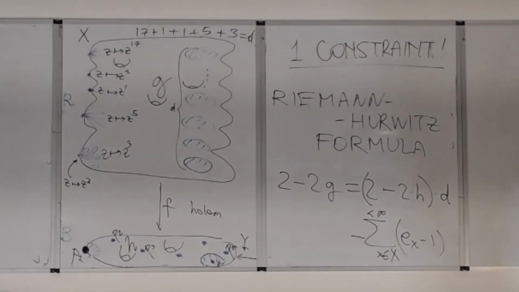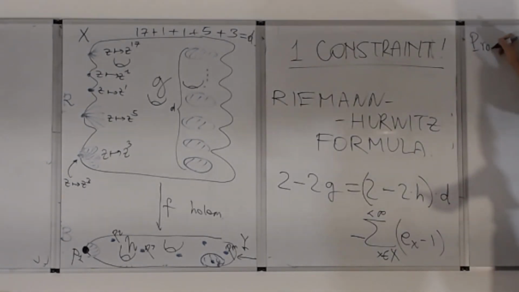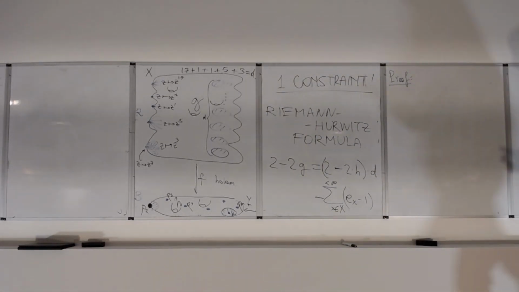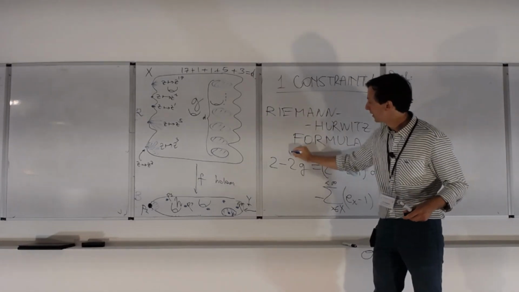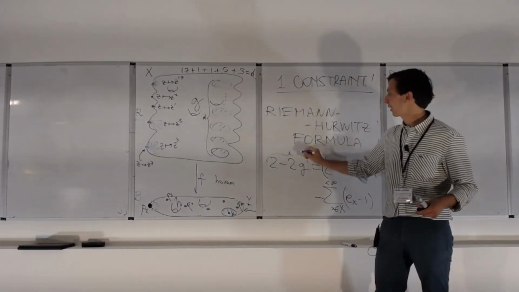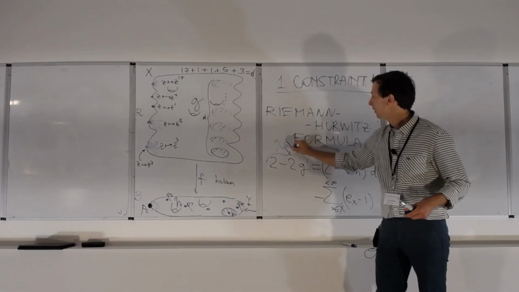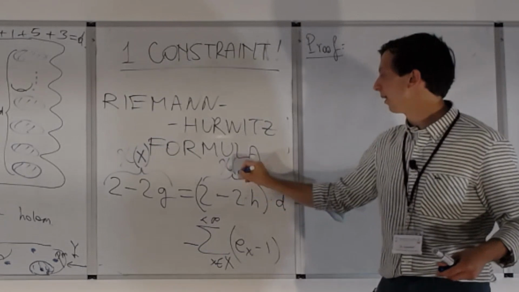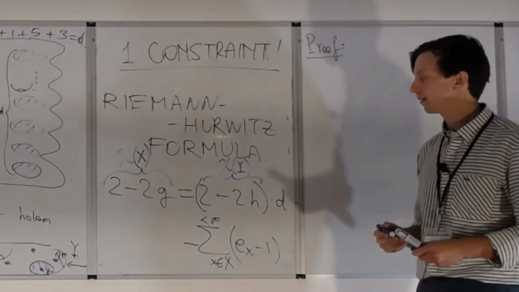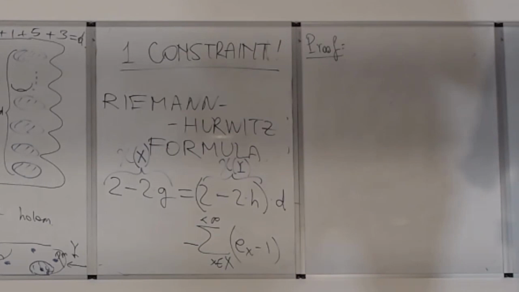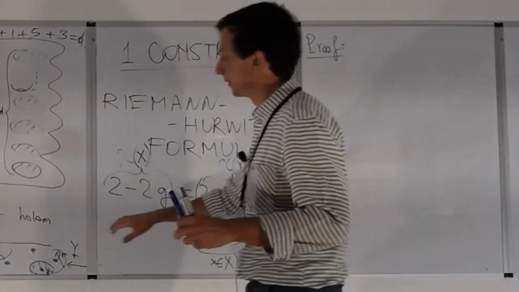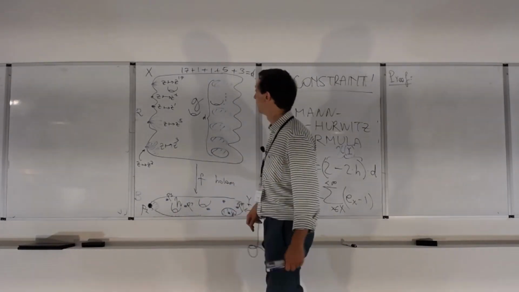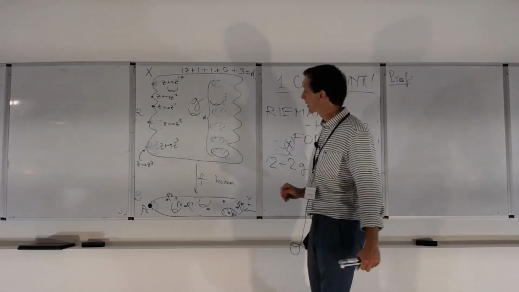Yeah, so the proof, it's beautiful. And it's just the following. This one here is just the Euler characteristic of X. And this one here is the Euler characteristic of Y. H is the genus downstairs, and G is the genus upstairs.